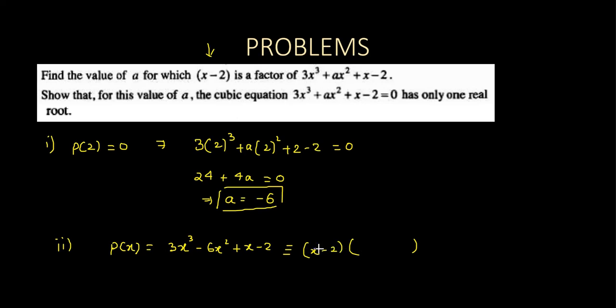Only then, after multiplication of this x with x square, I get x cube, right? Now how to find out this second factor or second polynomial? There are two ways. One is the long division method that we have learned earlier in the theory part. Here I am using a shortcut method.